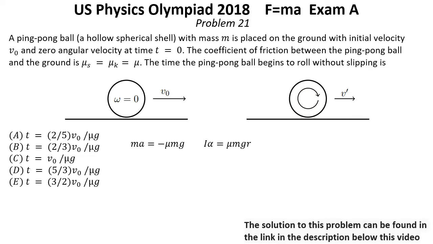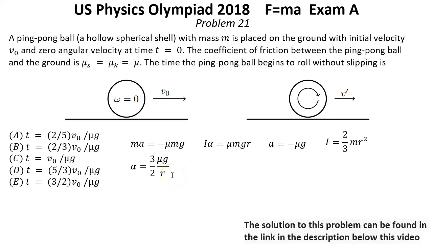From here we can find that acceleration equals negative mu g, and for a hollow sphere the moment of inertia equals 2 over 3 mr squared. From the second equation we can find the angular acceleration. That will be 3 over 2 mu g over r.